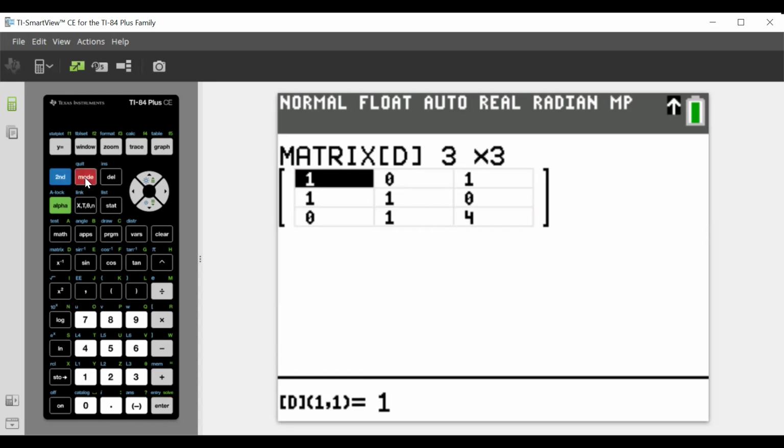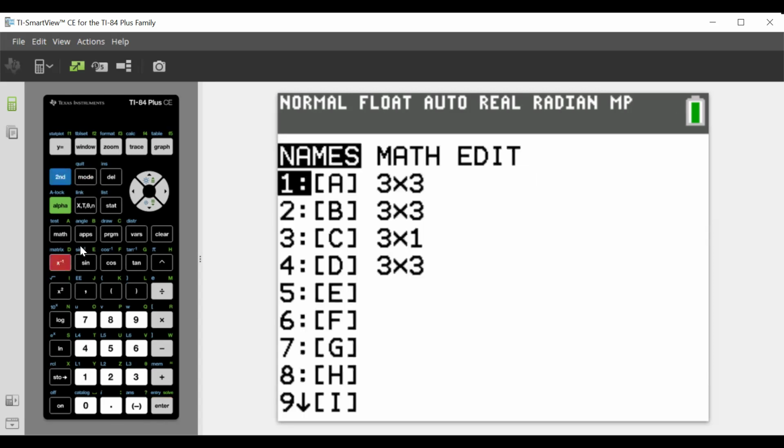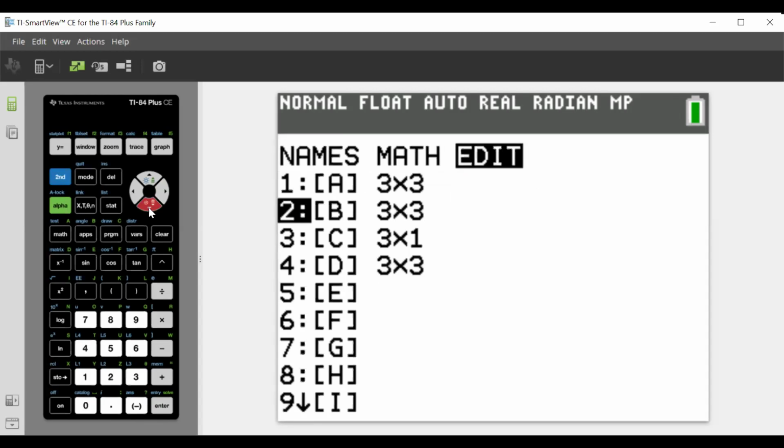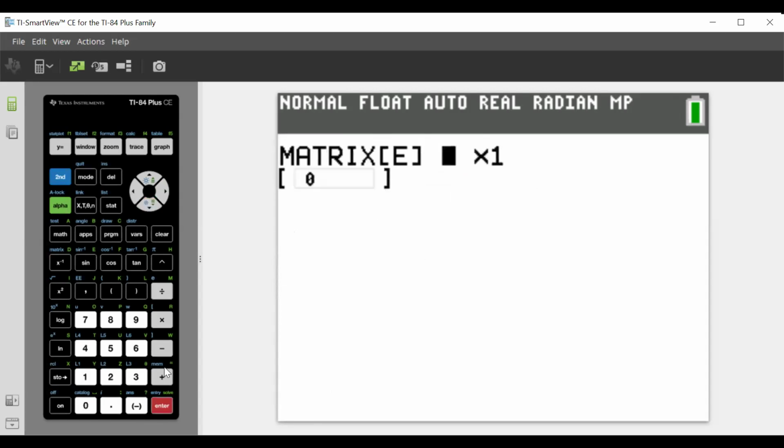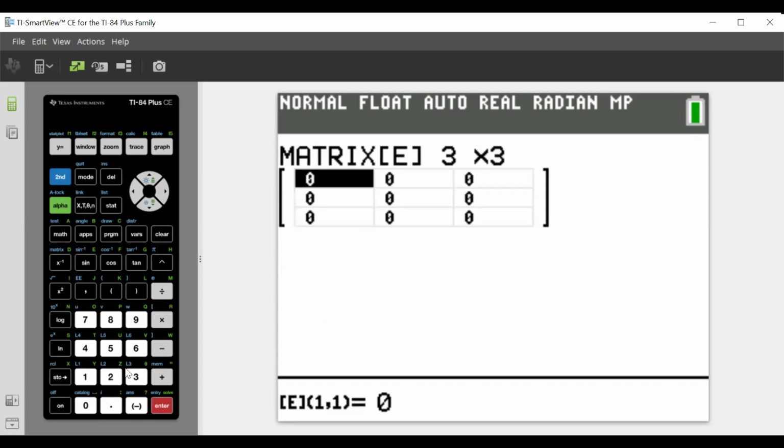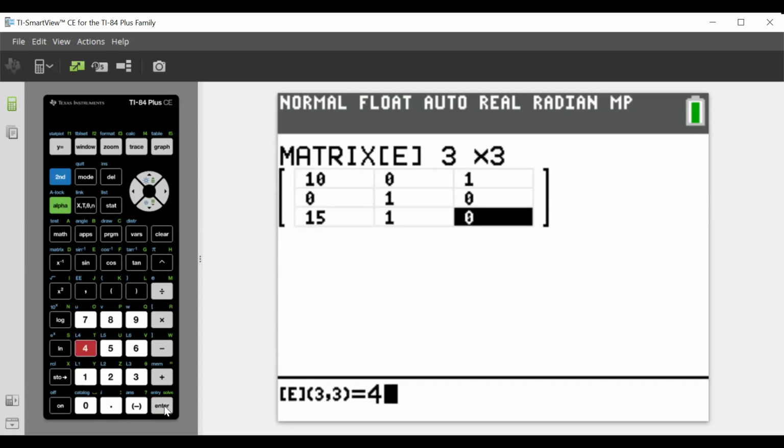Okay. Now let's do E. E was, again, a 3 by 3. And so E was 10, 0, 1, 0, 1, 0. And then we have 15, 1, 4.